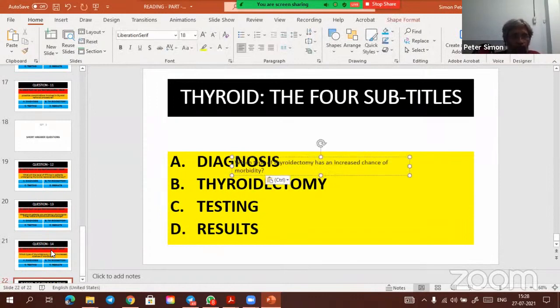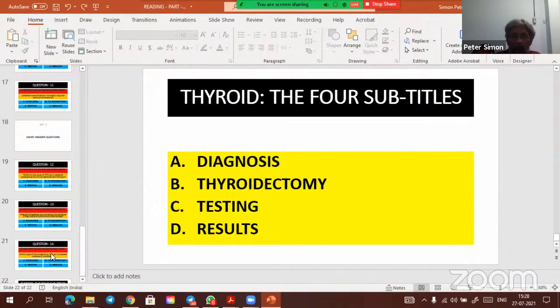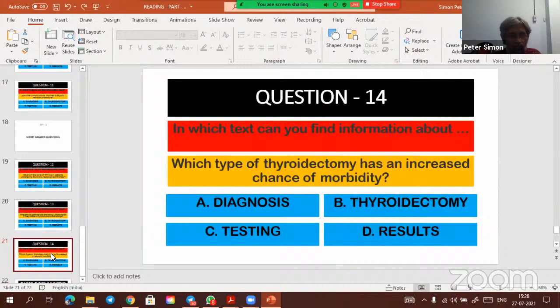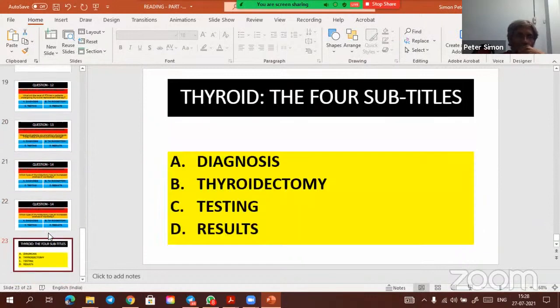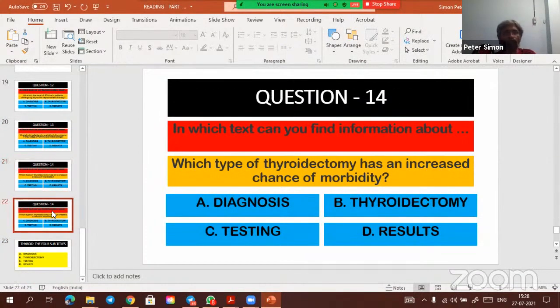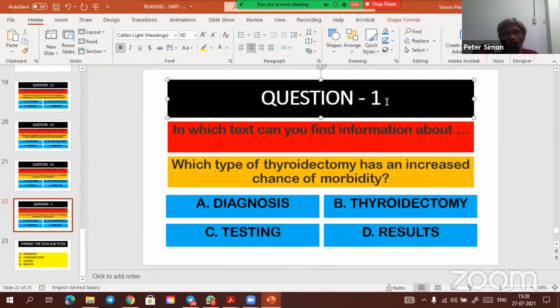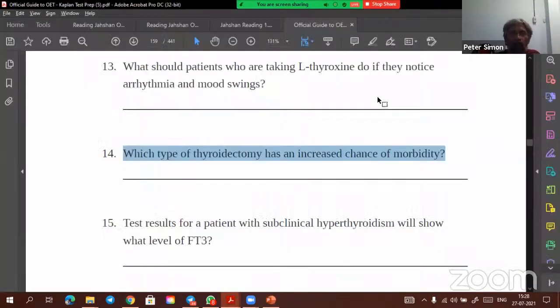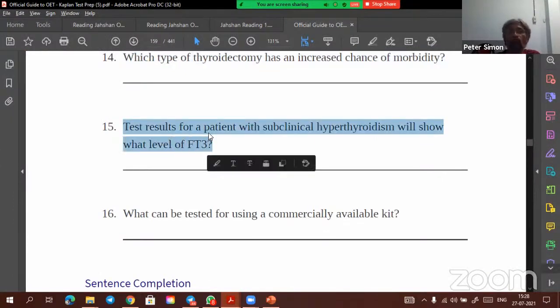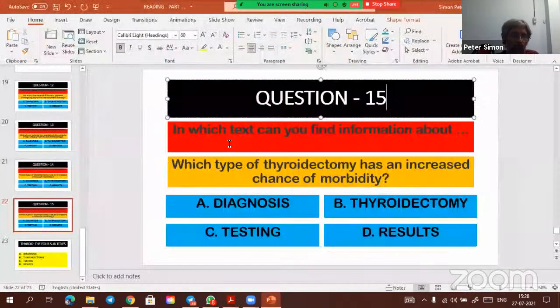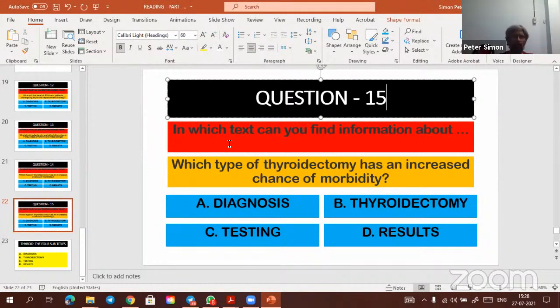Next, 15. Test results. Okay, results means output, input, process, output, initial, medial, final.